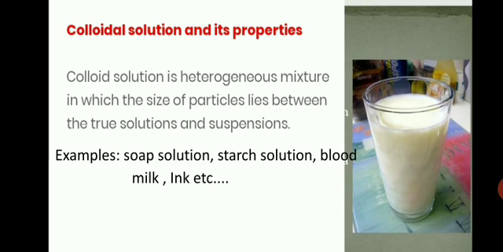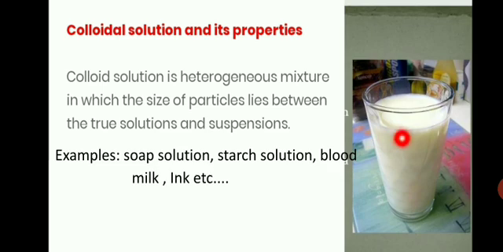Now you may have a doubt whether these colloids are homogeneous or not. Though colloids appear to be homogeneous, actually they are found to be heterogeneous. When we observe milk, an example of a colloid, we can't find any particles in that solution.